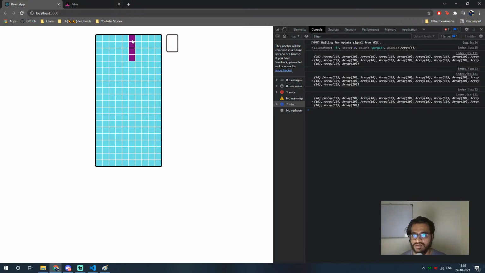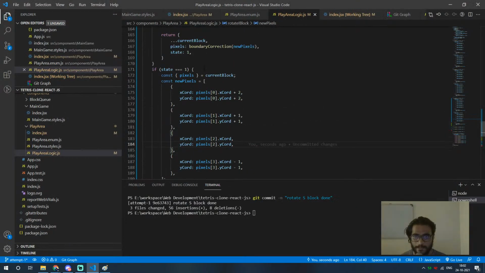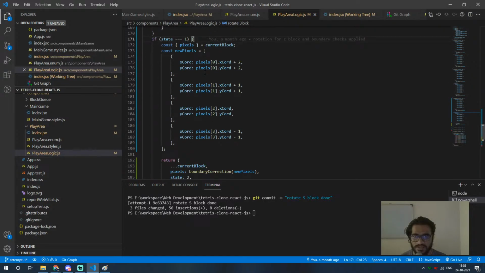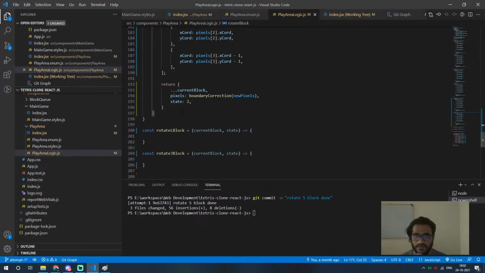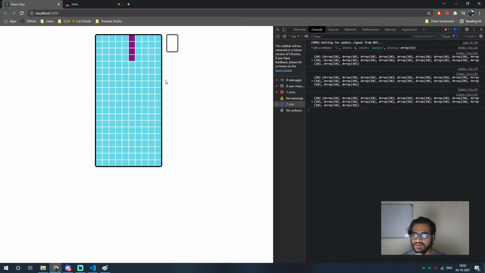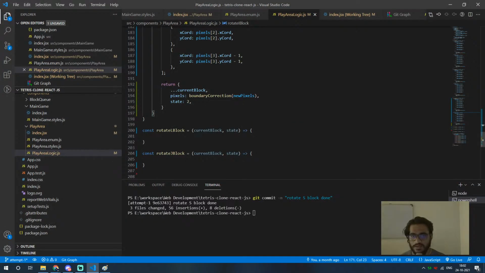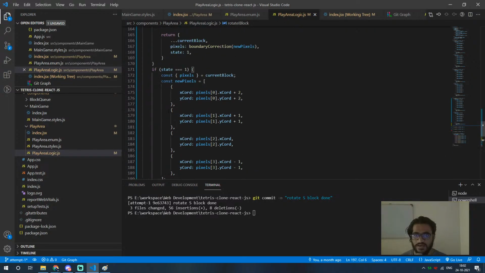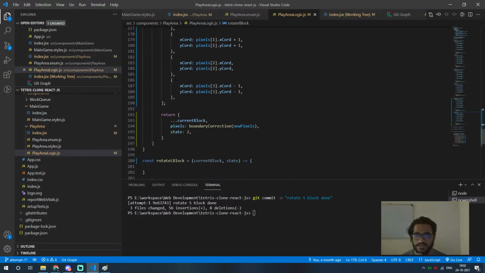And now there would be a third state, which would be from 2 to 0. No, not 2 to 0, 2 to 3. Yes, I think we need the third state here.